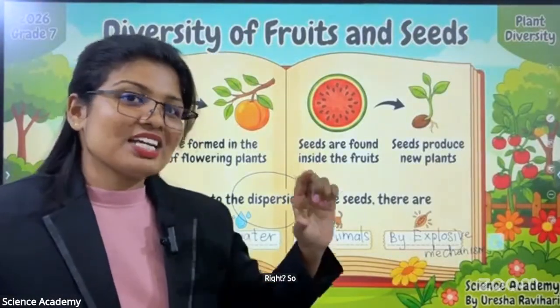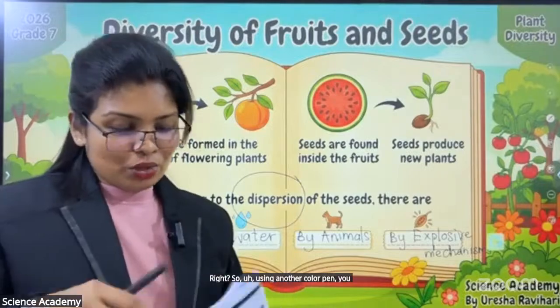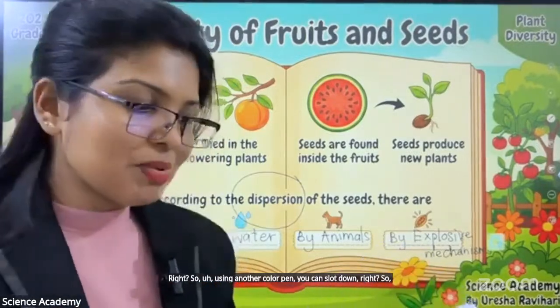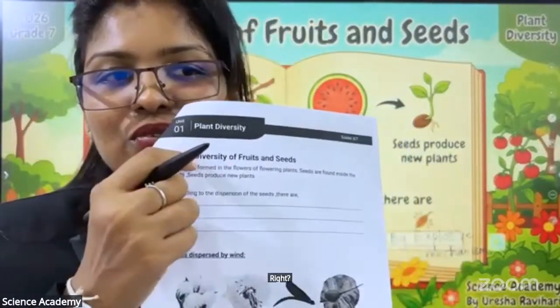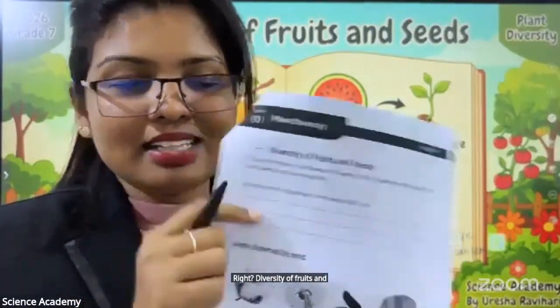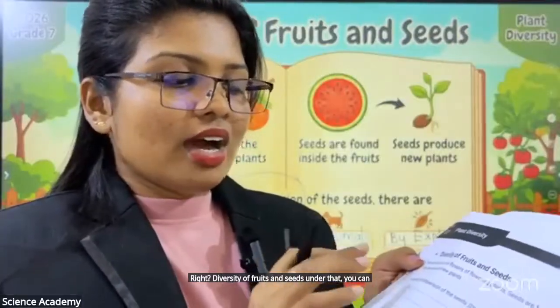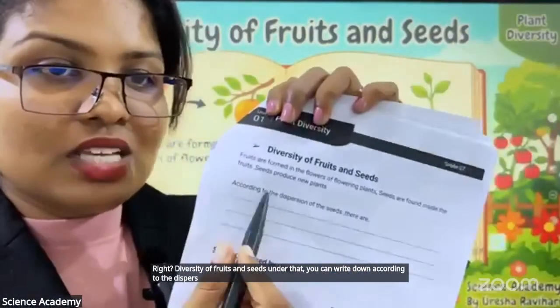So using another color pen, you can note it down, right? On page number 16, right? Diversity of fruits and seeds. Under that, you can write down according to the dispersion of the seeds.